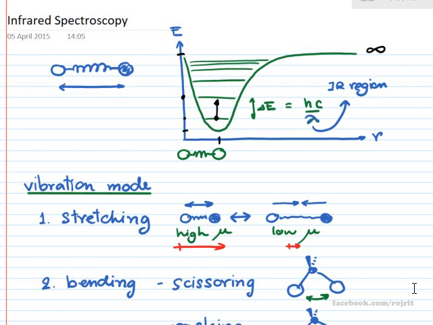if we have the first atom at this position and the second atom at the very end on the right hand, after you move the atom from this infinite distance closer to the first atom on the very left hand here, the energy level of the system is decreasing.